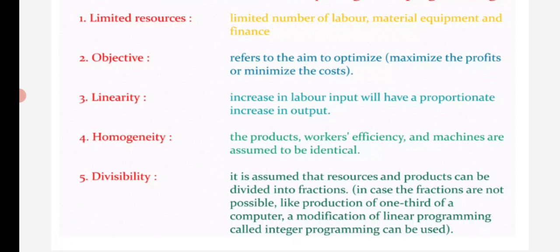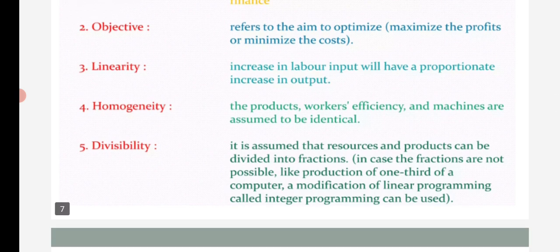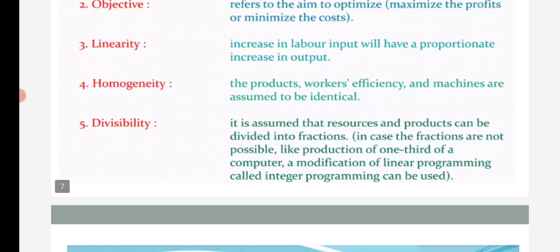Linearity: an increase in labor input will have a proportionate increase in output. Homogeneity: the workers' efficiency and machines are assumed to be identical. Divisibility: it is assumed the resources and products can be divided into fractions.